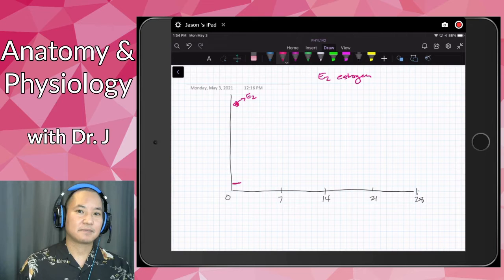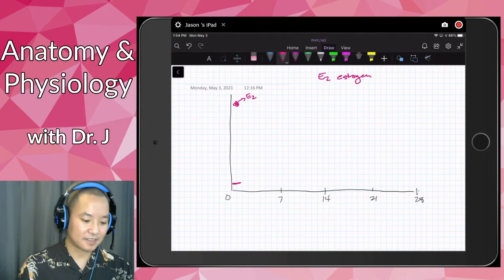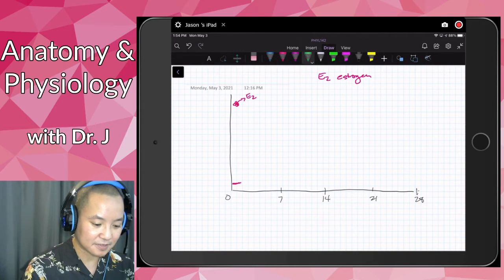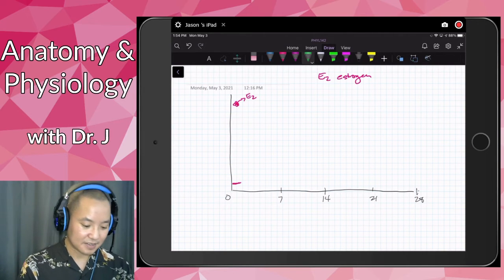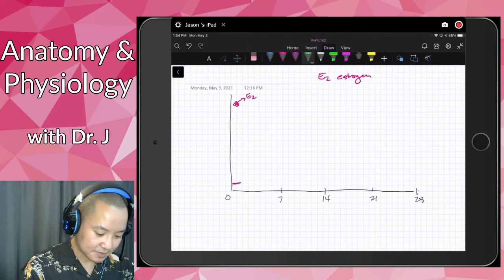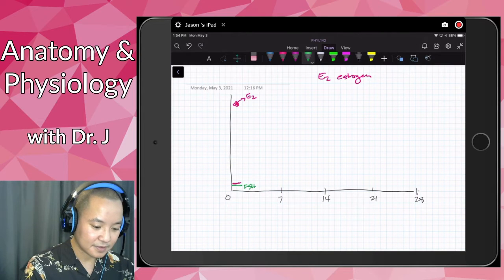But what also happens is that you have follicle stimulating hormone. So follicle stimulating hormone is always there to some extent, but we have this follicle stimulating hormone, or FSH. And what follicle stimulating hormone does is that it stimulates these granulosa cells and follicles to grow.